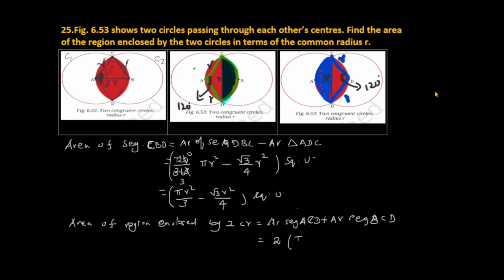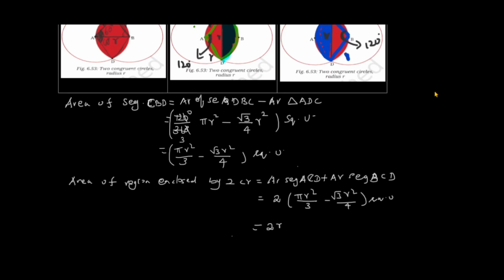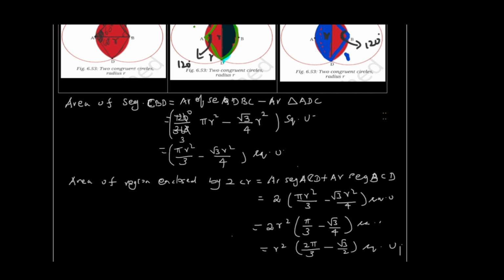So twice pi R squared by 3 minus root 3 R squared by 4 square units. R squared is common, so we can take R squared outside: 2 R squared times pi by 3 minus root 3 by 4 square units. Otherwise, taking the 2 inside, R squared times 2 pi by 3 minus root 3 by 2 square units. So this is the enclosed area in terms of R.